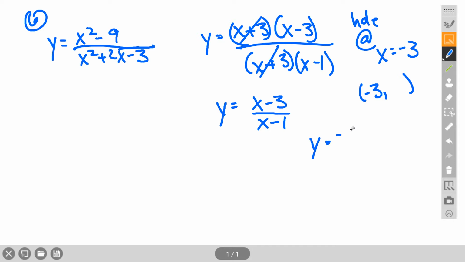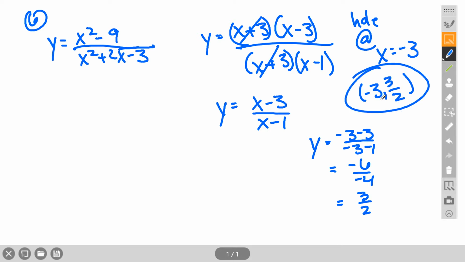So we have -3 minus 3 over -3 minus 1, which is -6 over -4, and that simplifies to 3/2, or 1.5. So the hole for number 6 is at -3, 1.5. There would be a hole for discontinuity there.